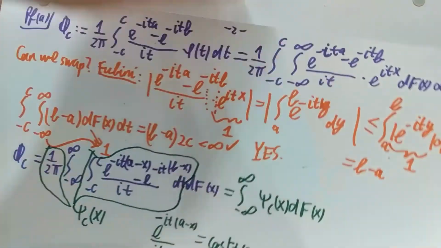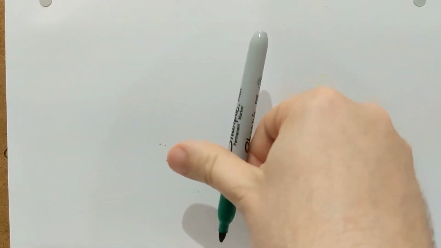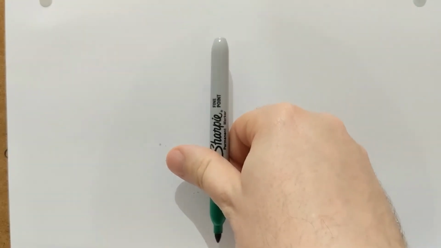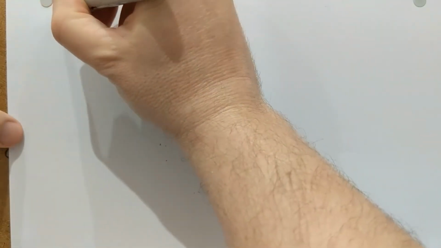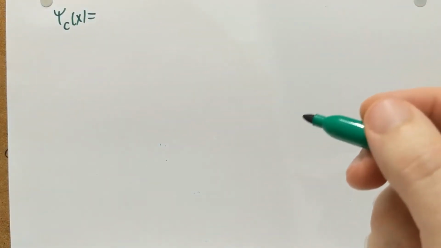So I'm still looking at this function psi. psi of c is therefore, if I want to summarize, 1 over 2 pi.